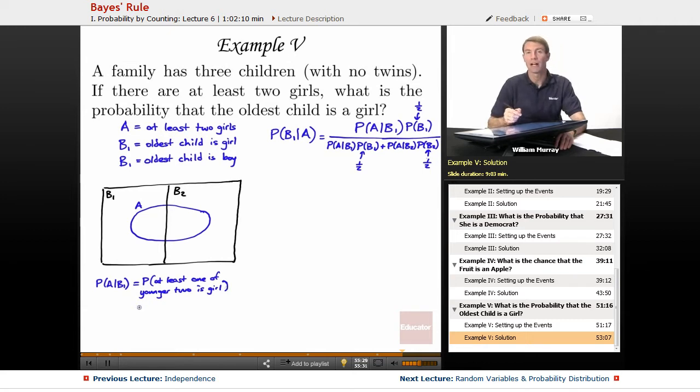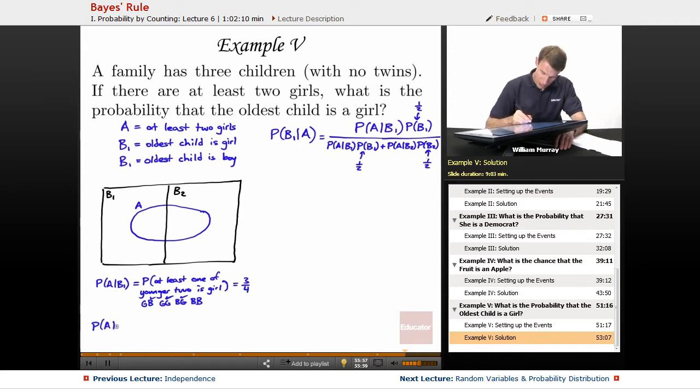And so we've got 2 younger children here. They could be girl-boy, girl-girl, boy-girl, and boy-boy. And at least one of them being a girl, there's 3 of those situations, so that's 3/4.